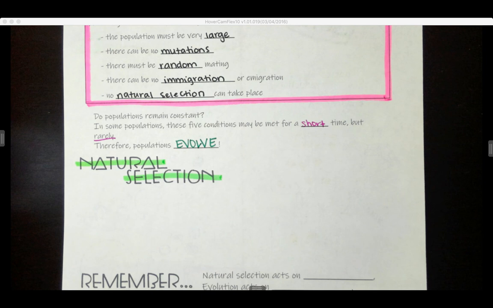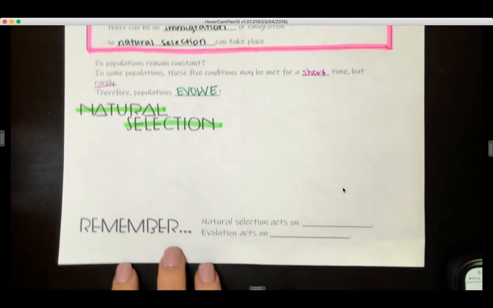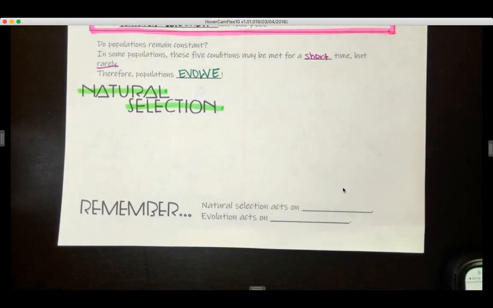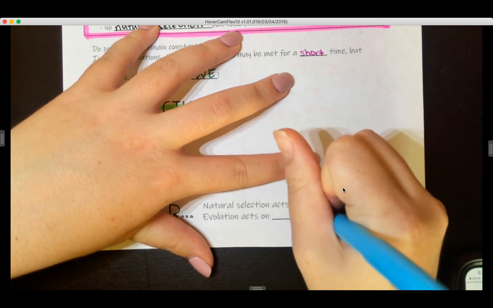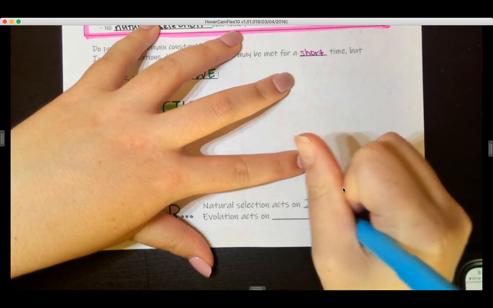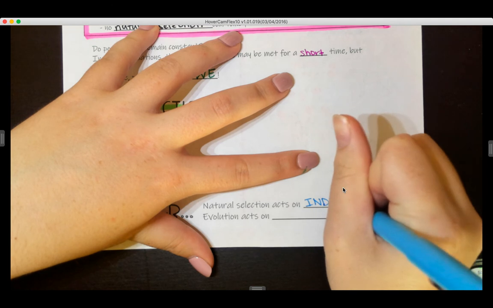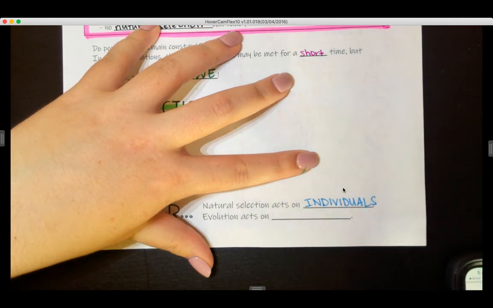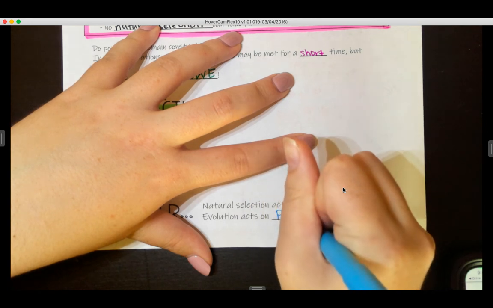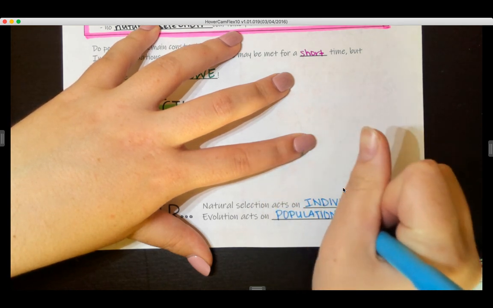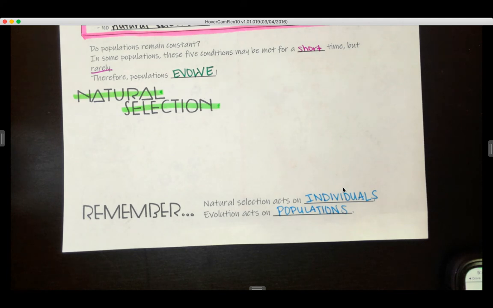The final portion of this is specifically just for you to remember that natural selection acts on individuals, and evolution acts on populations. That is the big idea for this unit. Those 2 things you should know.